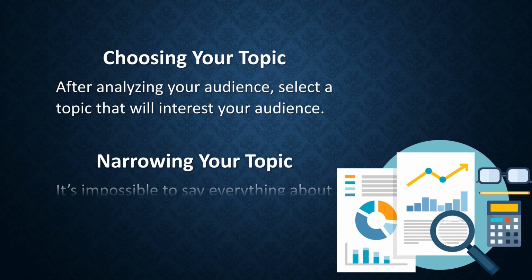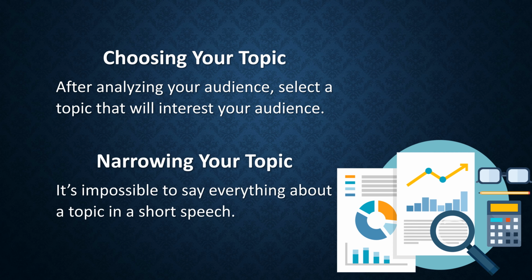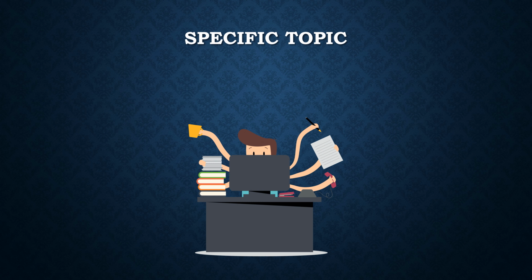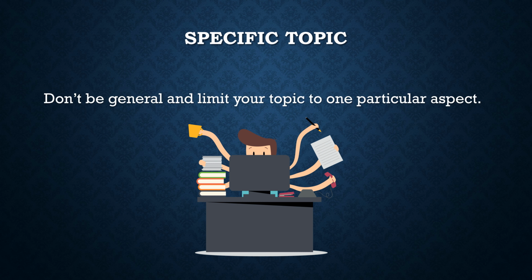Narrowing your topic. It's impossible to say everything about a topic in a short speech. How do you narrow an informative speech topic effectively? Specific topic. Don't be general and limit your topic to one particular aspect.